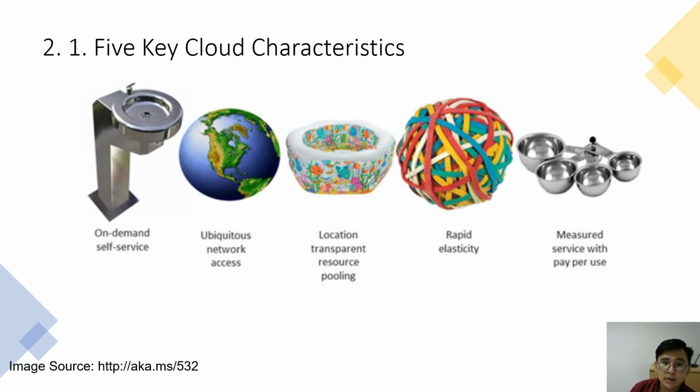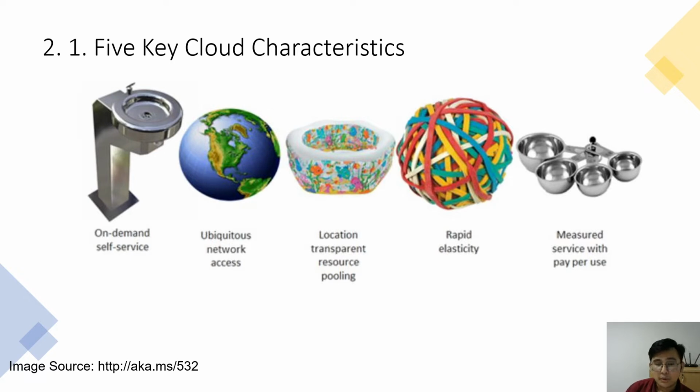The first one is on-demand self-service. This should be a key component of cloud technology. The second one is ubiquitous network access. We also need to know that it needs to have location transparency and resource pooling.